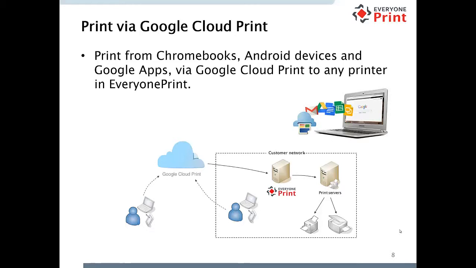Pretty cool technology. This was also included as the way to print within the new generation of Chromebooks. For those that don't know, you can see one here on the right. A Chromebook is a very cheap laptop made by a number of different manufacturers, could be Samsung, Asus, Dell.